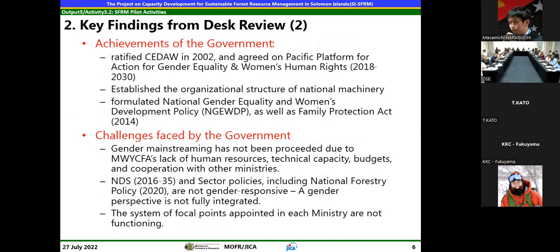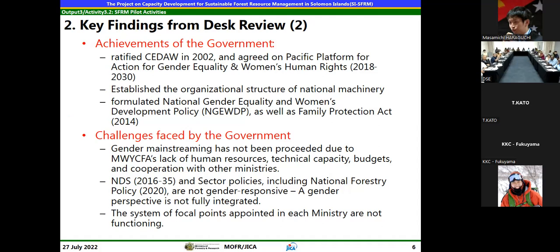But we do have some achievements. The government has ratified CEDAW, the Convention on the Elimination of All Forms of Discrimination against Women. We are also part of the Pacific Platform for Action for Gender Equality and Women's Rights.